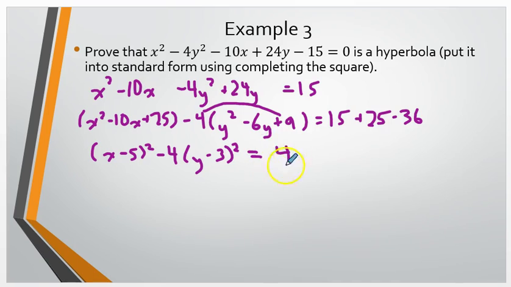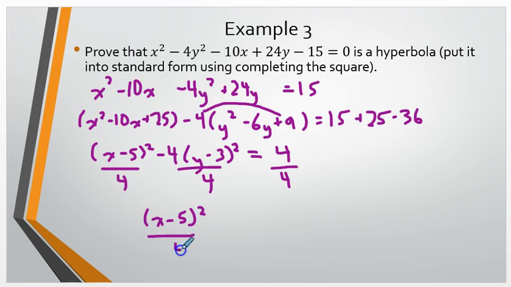My last step is that I need to turn this into a 1, so I'm going to divide every single term by 4 and reduce if possible. So now this will be x minus 5 squared over 4. This one here, the 4's are going to cancel out, so you actually don't really have a fraction anymore.